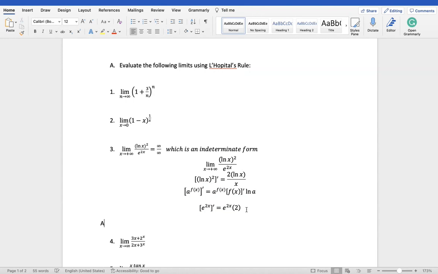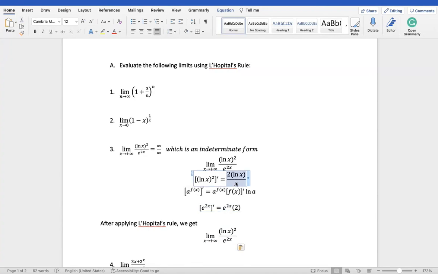So we say, after applying L'Hopital's rule, we get, now in the numerator, the derivative of ln x squared, we found it to be what?